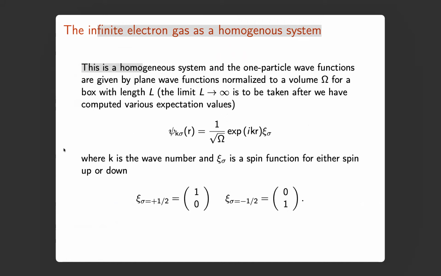So before the break, we said that we are going to look at the system in a box, and we are going to run calculations with a finite volume and a finite number of particles, and then we're going to take the thermodynamical limit, which means that we let the number of particles and the volume go to infinity, but the ratio between them stays constant. So the density, which is the number of particles divided by volume, is a variable which stays constant.